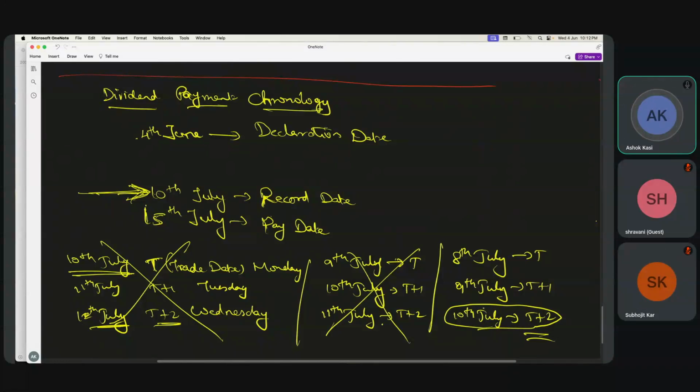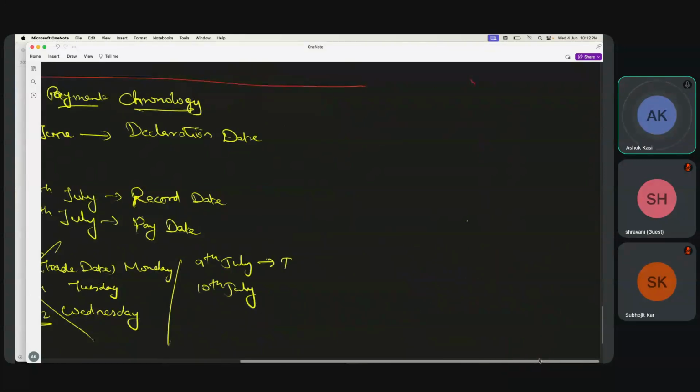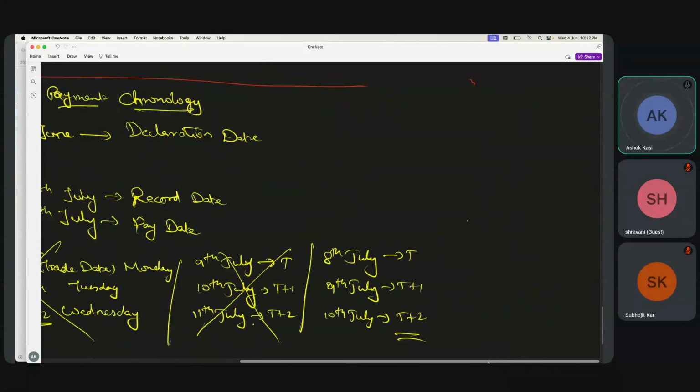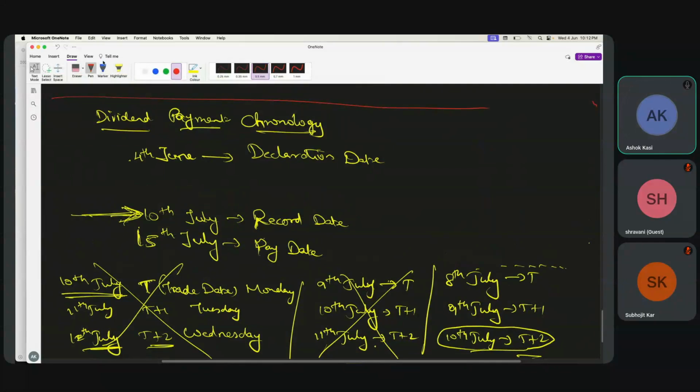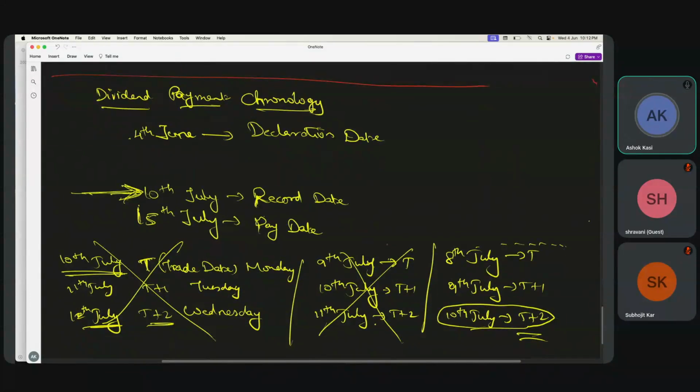That means on 8th and before 8th, you are free to buy. If you buy on 8th or before 8th, you will get dividends. In other words, 9th and after 9th, you are not eligible for dividend. But here we are sitting and calculating all this.